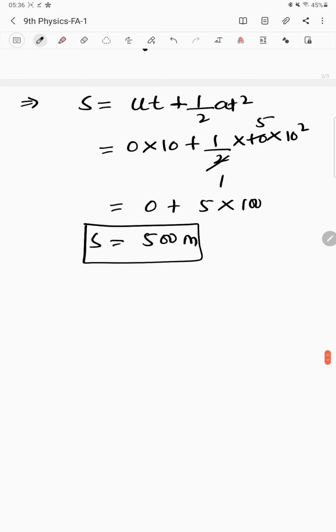All right, dear children. Now third question: define uniform motion. What do you mean by uniform motion? So it's quite simple definition, no?